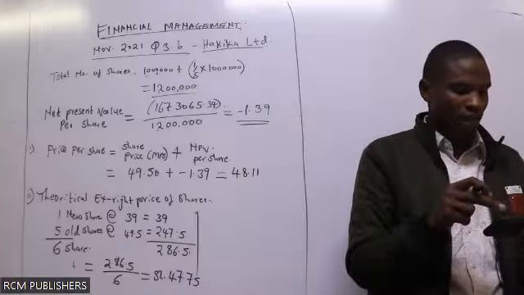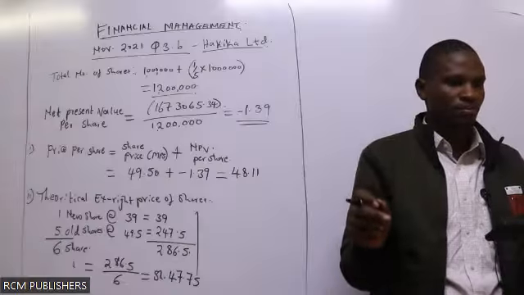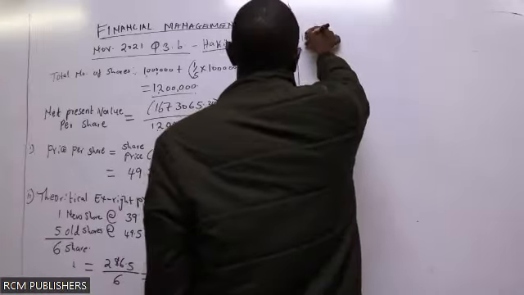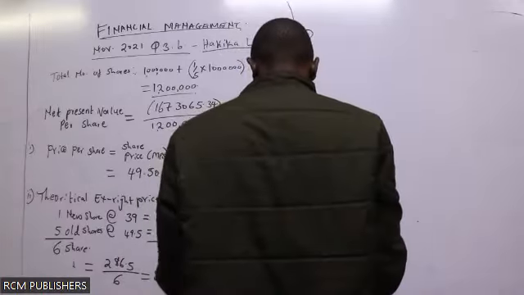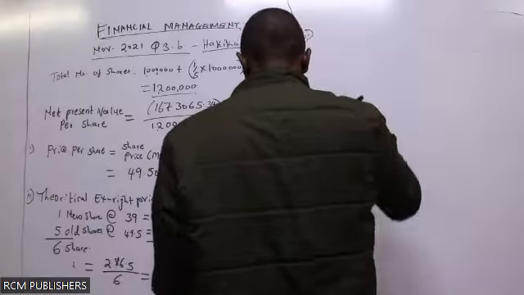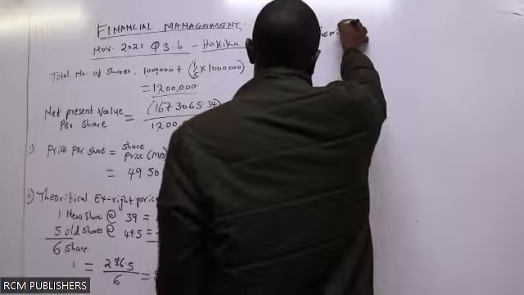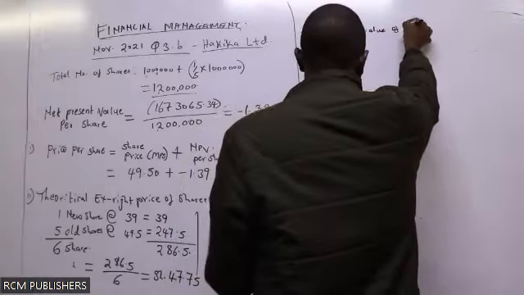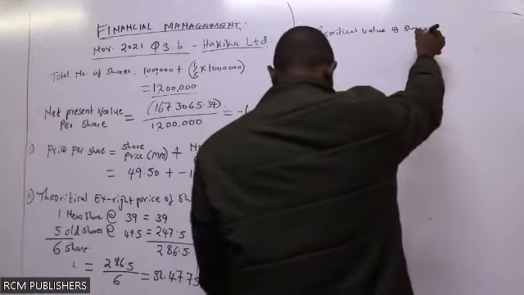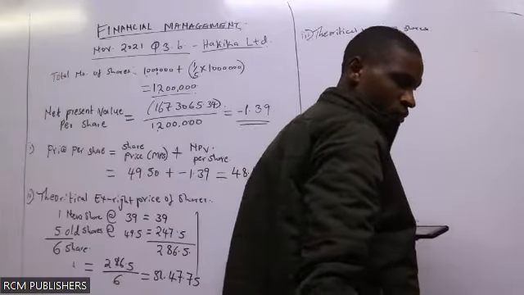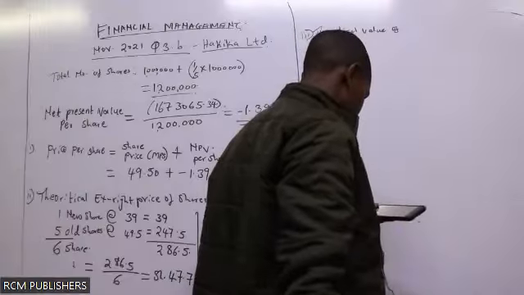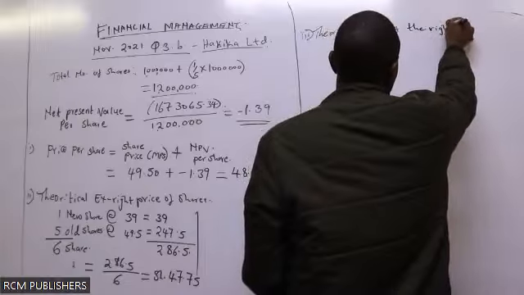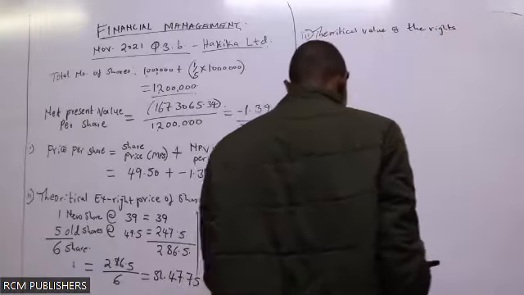The theoretical value of the right when the shares are selling cum-right. So number 3, Roman 3: the theoretical value of rights when the shares are selling cum-right.